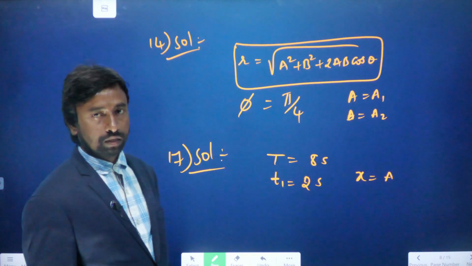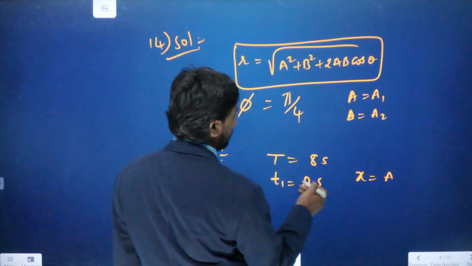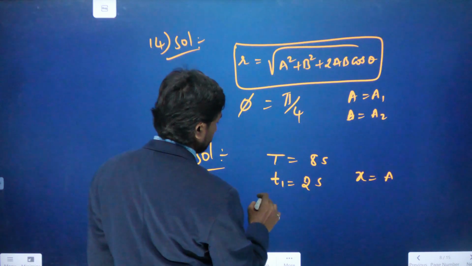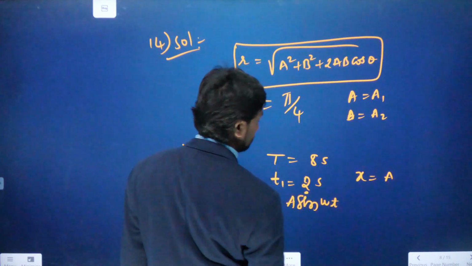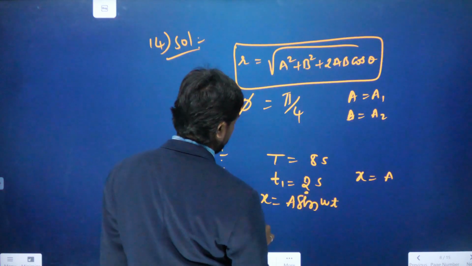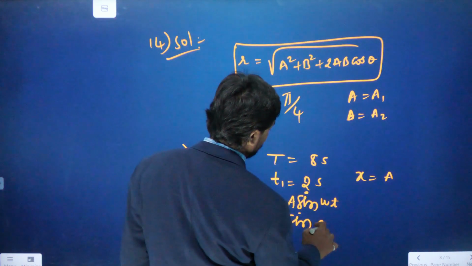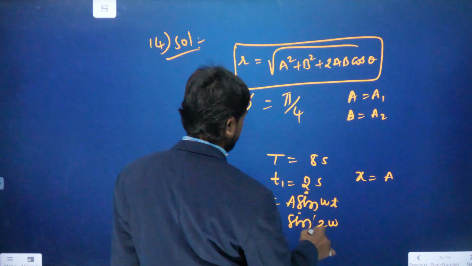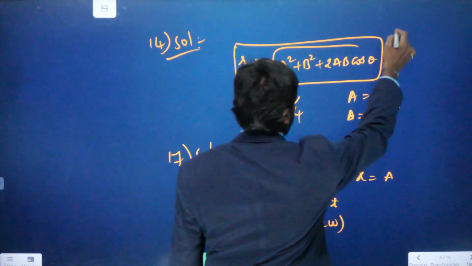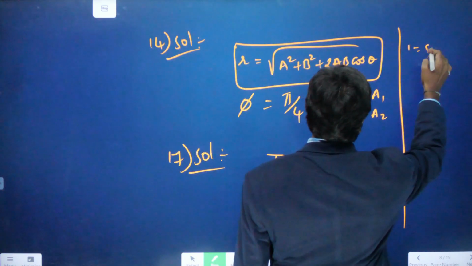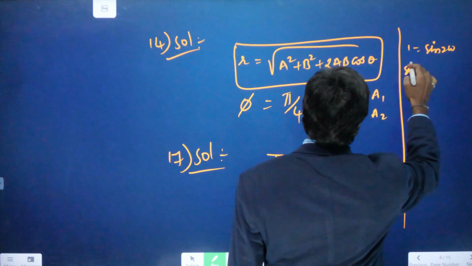If it is at the extreme position, then with t equal to 2 seconds, compare with the equation x equals a sin omega t. Writing x equal to A, A equals A sin of 2 omega, so 1 equals sin of 2 omega. Then 1 we can write as sin 90.